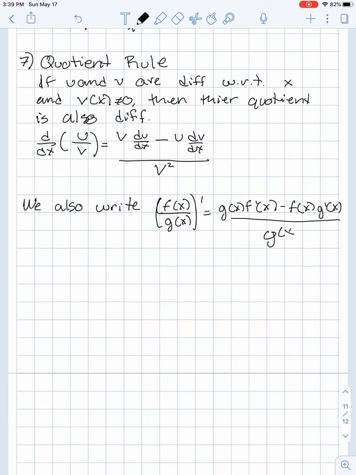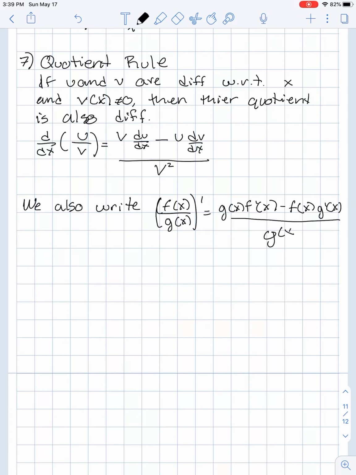So here is a big tip for you guys to remember this. If we write this quotient as, I always write it upside down, high over low, high being my top function, low being my bottom function.